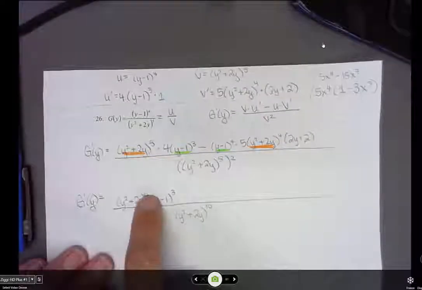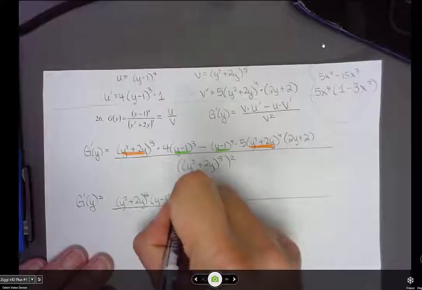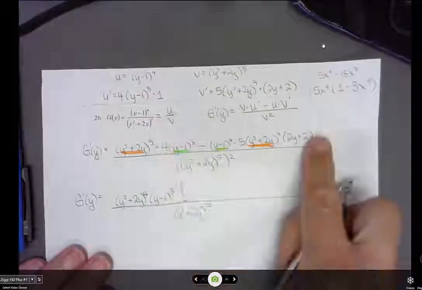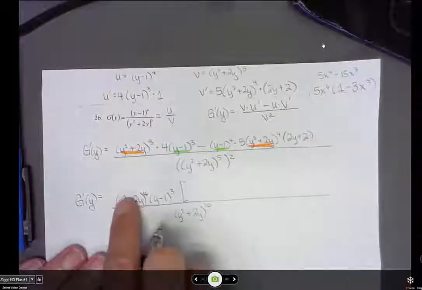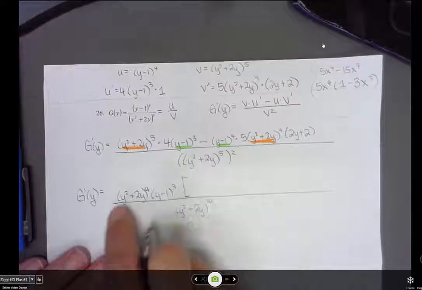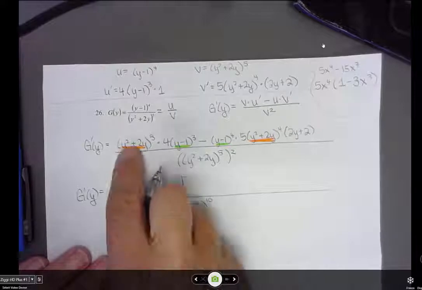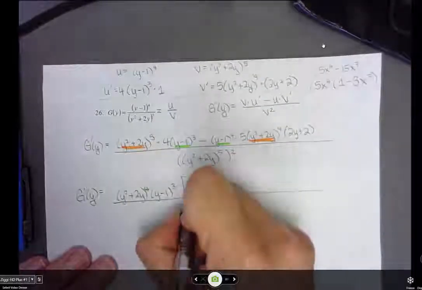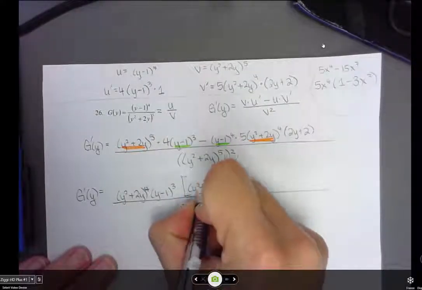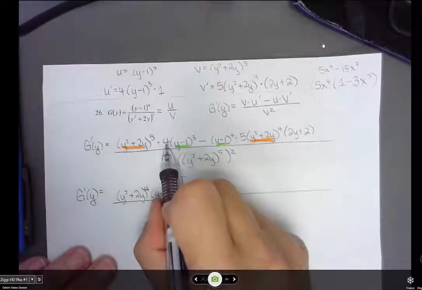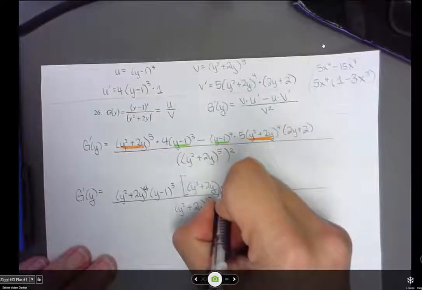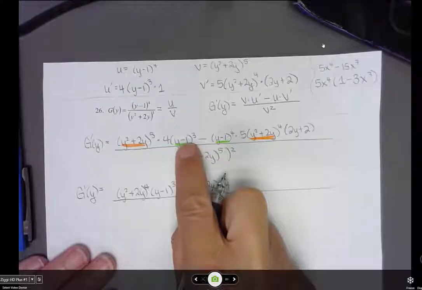So I'm going to say what's left in each piece of the numerator when I've taken out what they have in common. Well, I've factored out 4 of the y squared plus 2y factors, which means there's 1 left. There's also a 4 left. But all 3 of the y minus 1s got factored out, so nothing is left there.